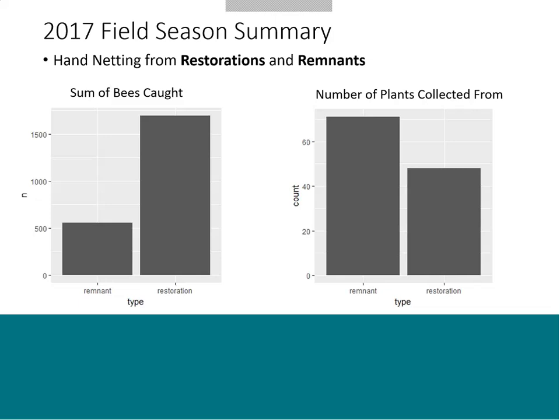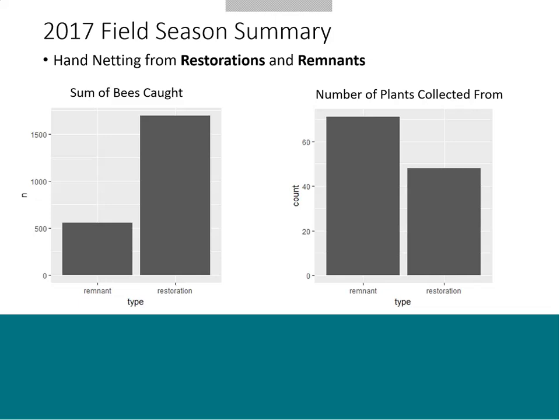Yeah. Chris is asking, any idea as to the variety of bee species collected? It's the same question I had asked about remnant versus restoration, and we will keep in touch with you and have a follow-up when you get a better idea of that. Yeah, I can say some real general things if you'd like. Sure.